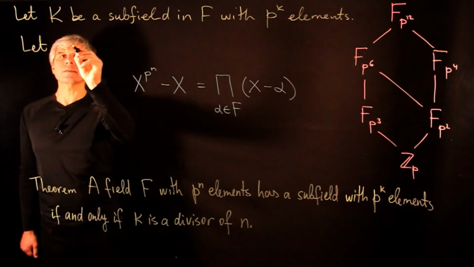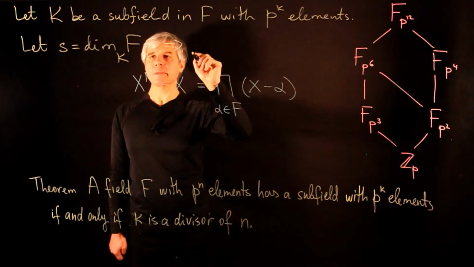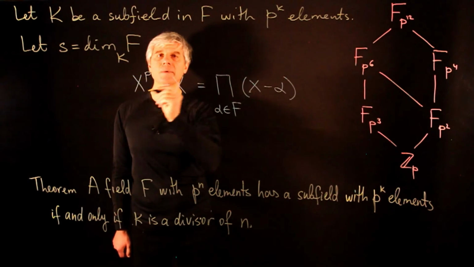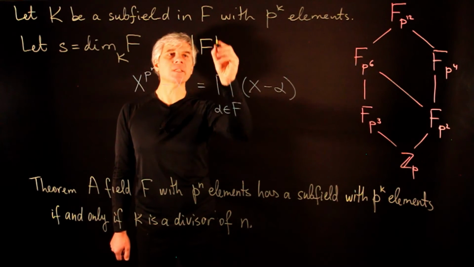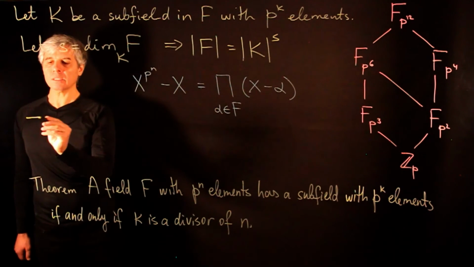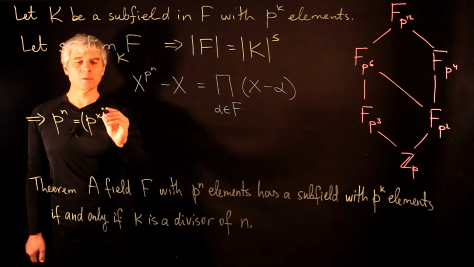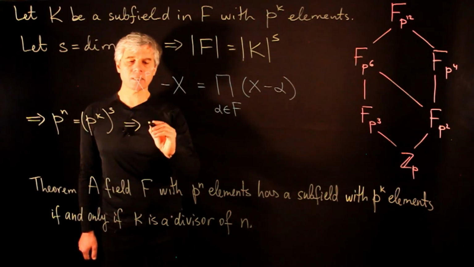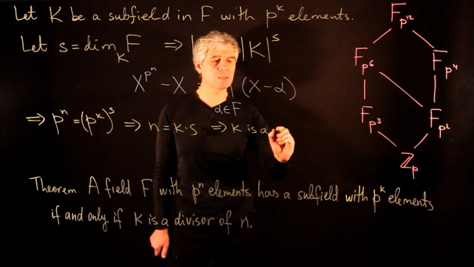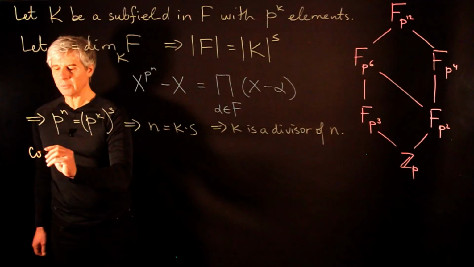Let S be the dimension of the big field over the subfield K. Then, by counting the number of elements in the S-dimensional vector space over the subfield K, we get that the number of elements in F is equal to the number of elements in K to the power S. This tells us that p to the power n is equal to p to the power k to the power s, and this tells us that n is equal to k times s. So k is a divisor of n.